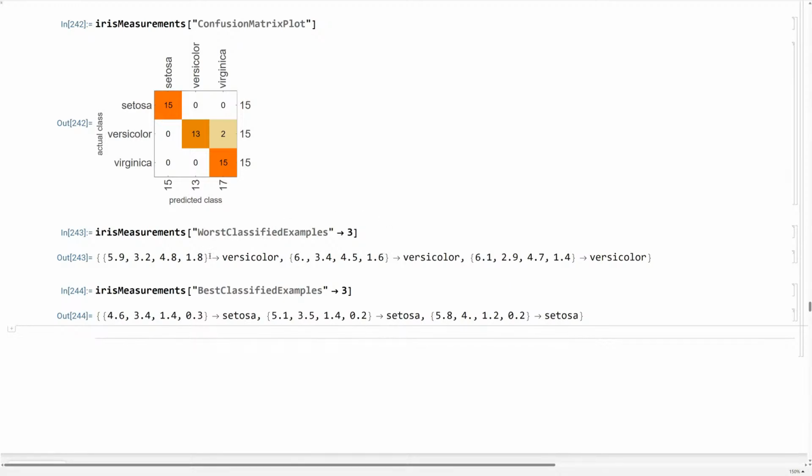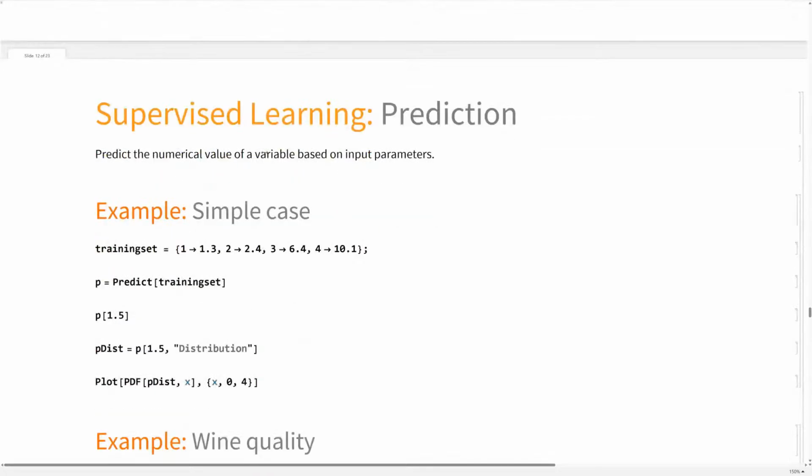Are there not enough versicolor examples there, or in some way is this confusing? So yeah, that's when we need to look back into the data from the beginning to see if there are other ways for us to decide that can help with the classifier.